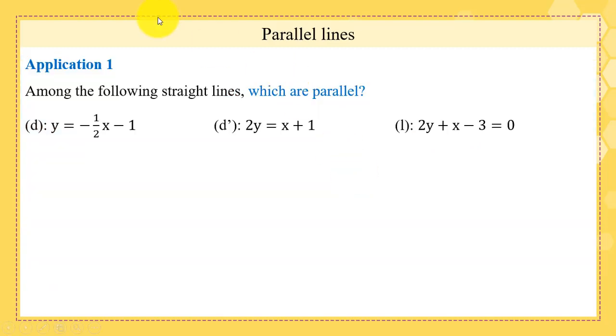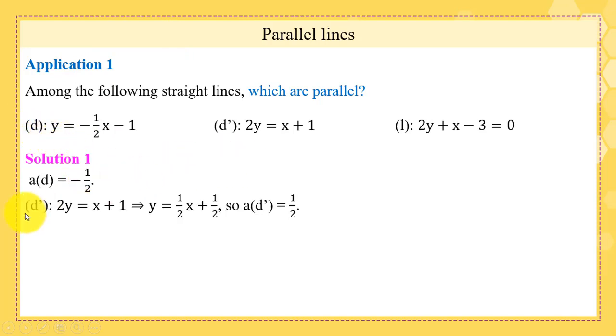Application 1. Among the following straight lines, D, D prime and L, which are parallel? Pause this video and solve this application. Solution: here the slope of the straight line D is equal to minus half. Find the slope of the straight line D prime, 2y equals x plus 1.